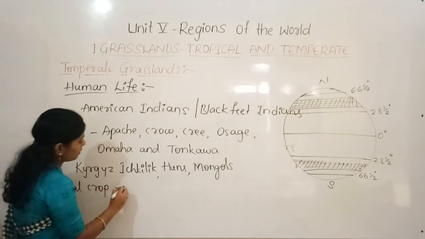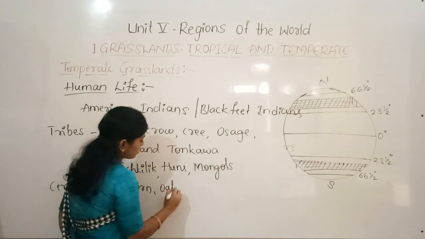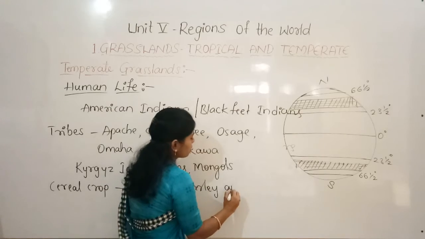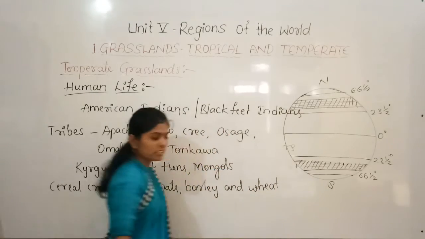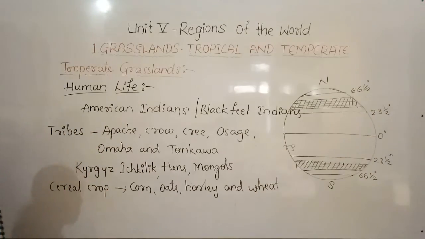Because the soil is rich in humus, we can grow corn, oats, barley, and wheat.